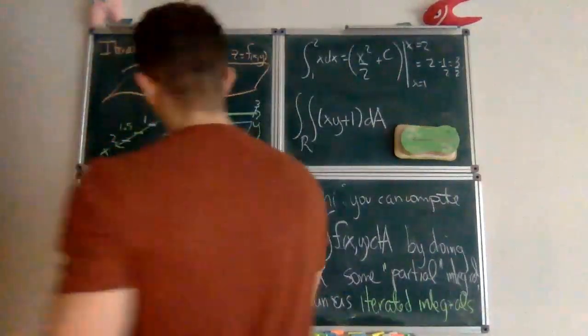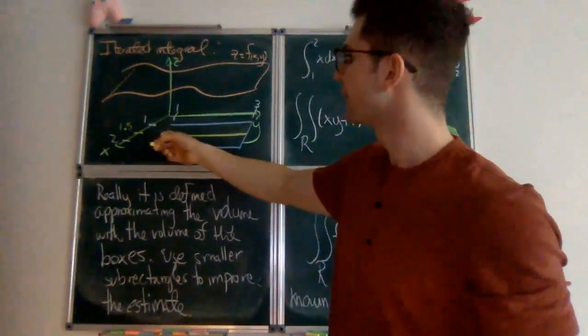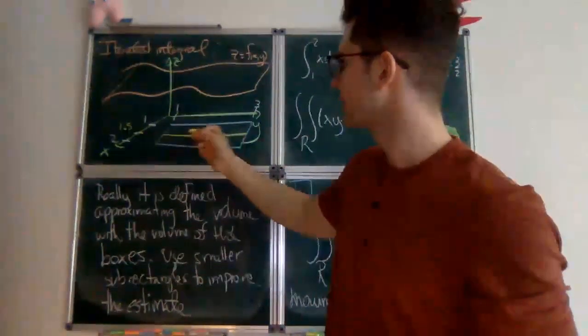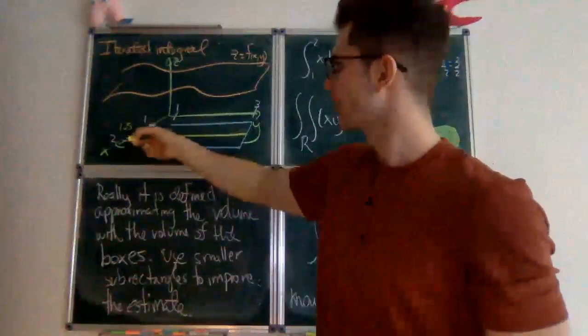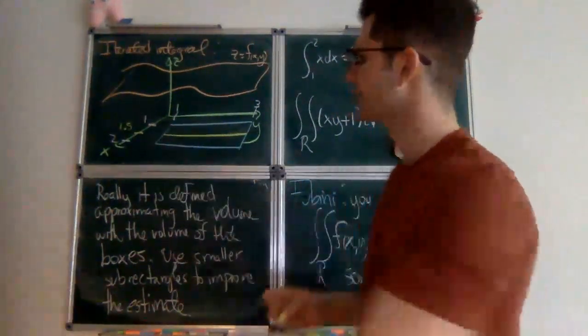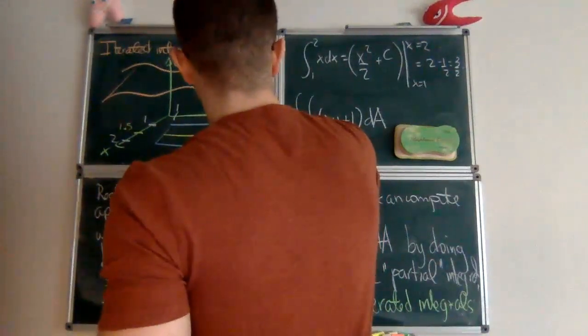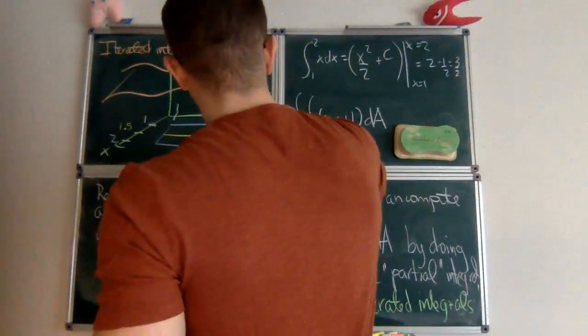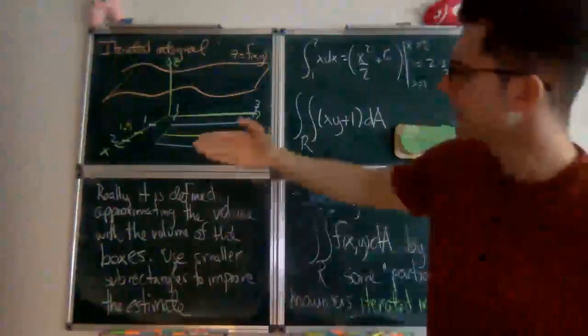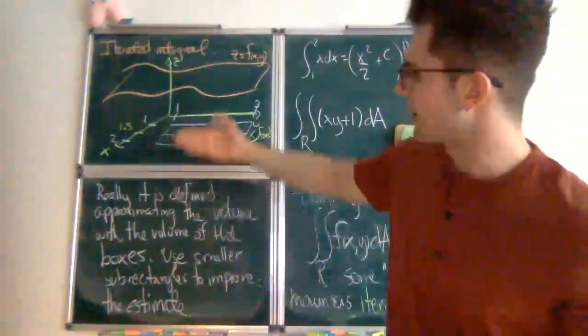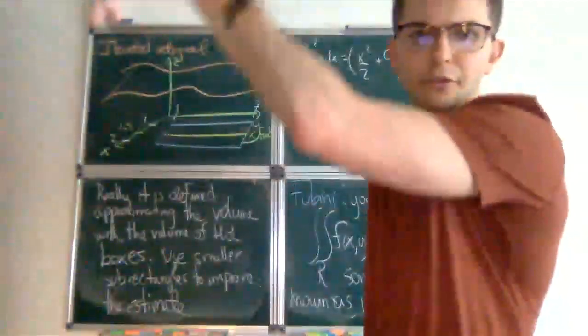So when you choose this value 1.5, this segment represents all the points on this square whose value of x is 1.5, right? So here you have fixed the value of x. And now imagine that out of this yellow segment you build a wall. So you lift it up.